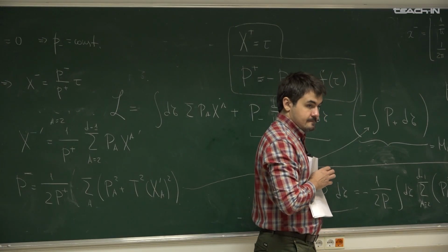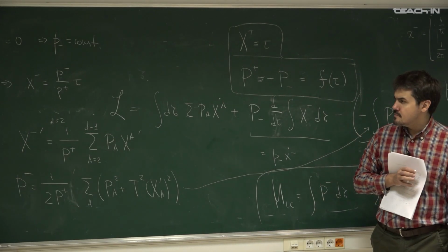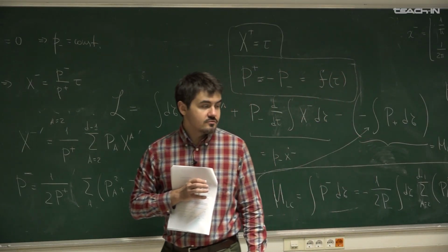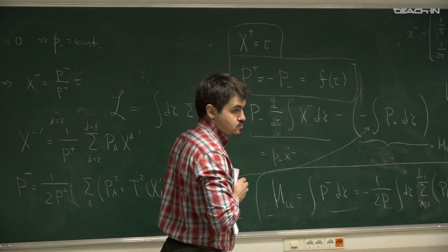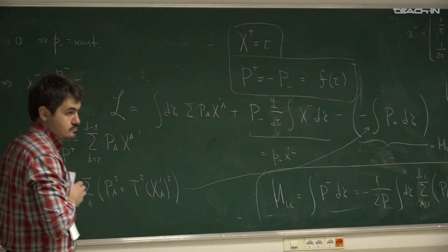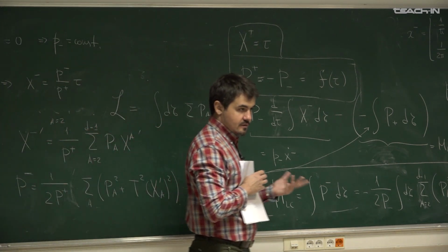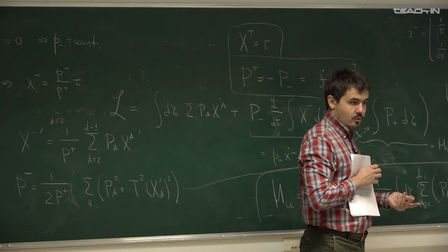I'm sorry, I have a question. We get that small p minus is constant, which means that capital P minus is constant from this formula. That's right. But we've said that the integral over sigma of p minus, we can't choose p minus to be constant by choice of gauge. It still remains as a dynamical variable that we have to write equations of motion for.